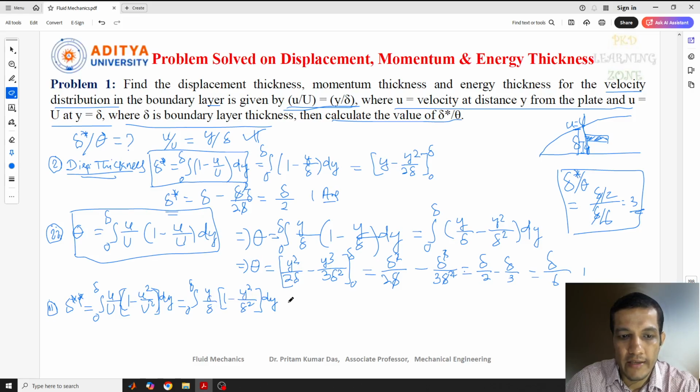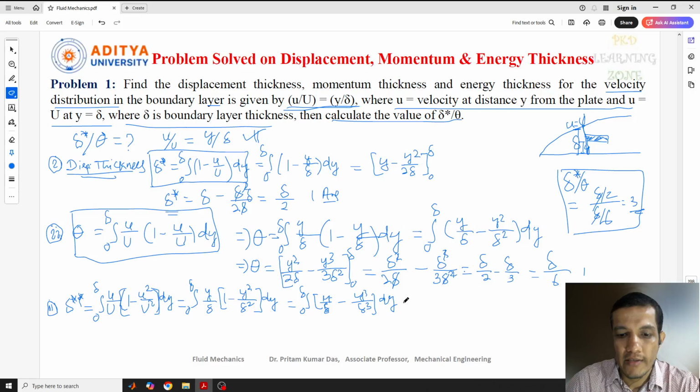Again you multiply inside this one, similarly 0 to delta, and here bracket start, sorry, y by delta minus y cube by delta cube, bracket close, into dy.